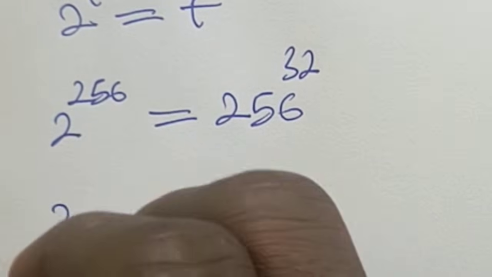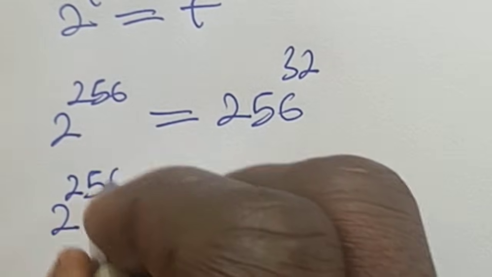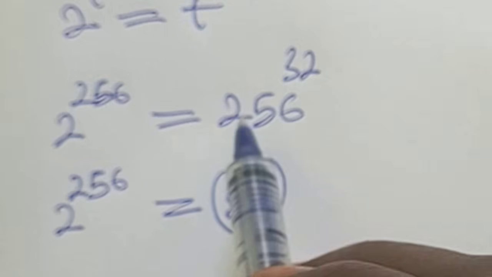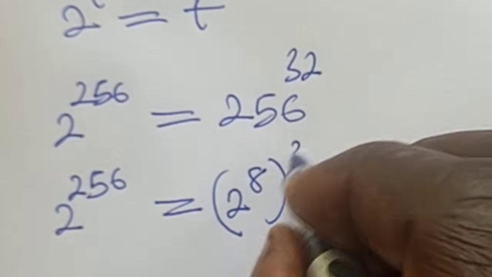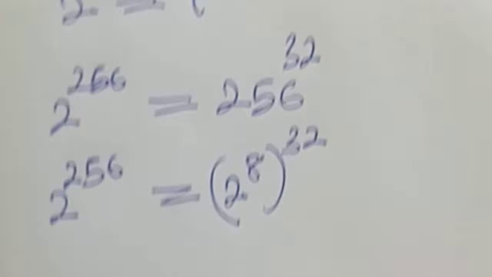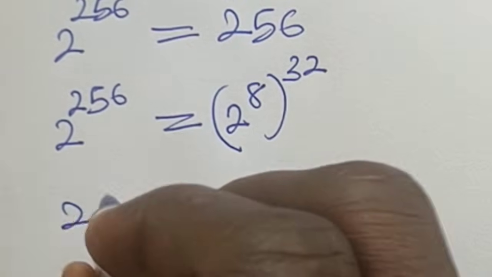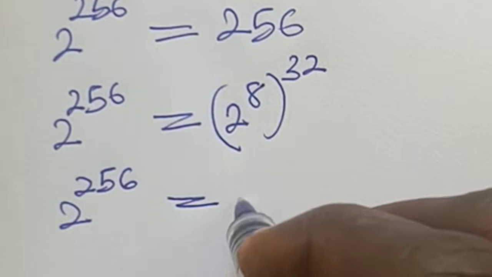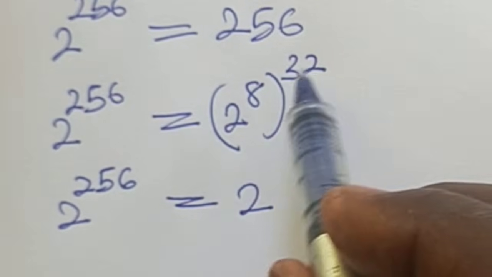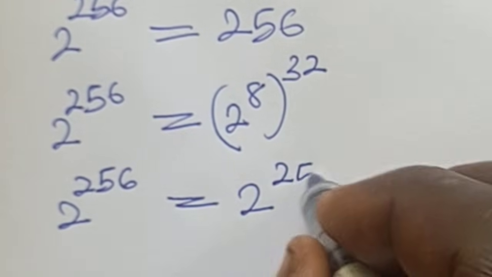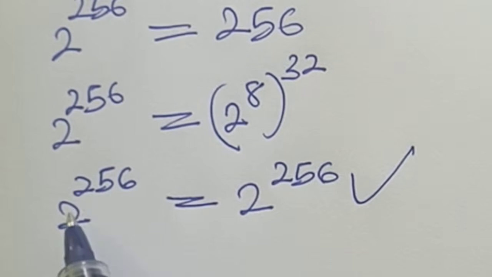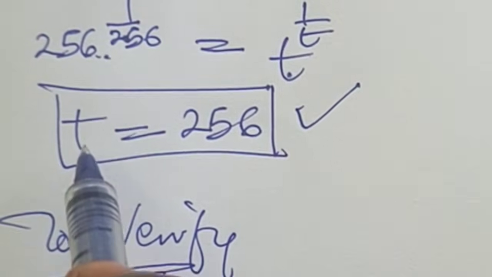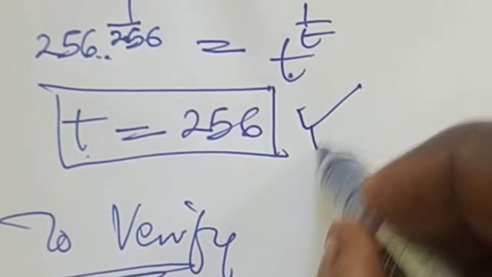And this can be written as 2 to the power of 256 equals 2 to the power of 8, which is 256, all to the power of 32. Again, 2 to the power of 256 equals 2 to the power of 8 times 32, and 8 times 32 is 256. So the right-hand side is equal to the left-hand side. That shows that the value of t as 256 is true.